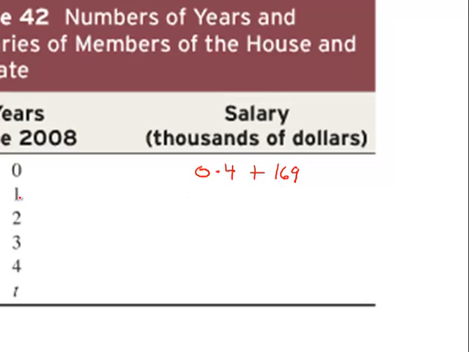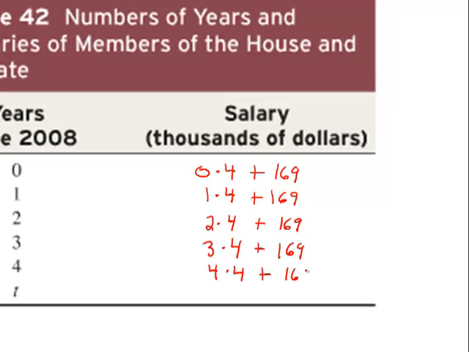Now the first year after 2008, 2009, would be 1 year. We multiply that by 4, and then we add 169. 2 years would be 2 times 4 plus 169. 3 years, plus 169. 4 years would be 4 years since 2008, so it would be 2012.